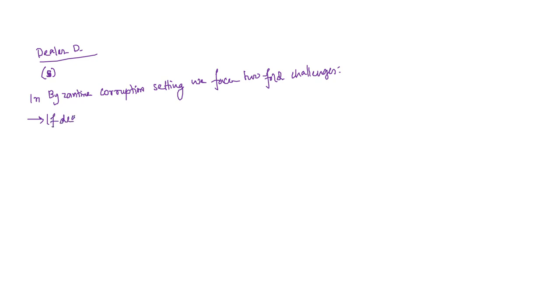Now in the Byzantine corruption setting, we face twofold challenges. What are they? The first thing is, if the dealer itself is corrupt, that can be the case, maliciously corrupt.